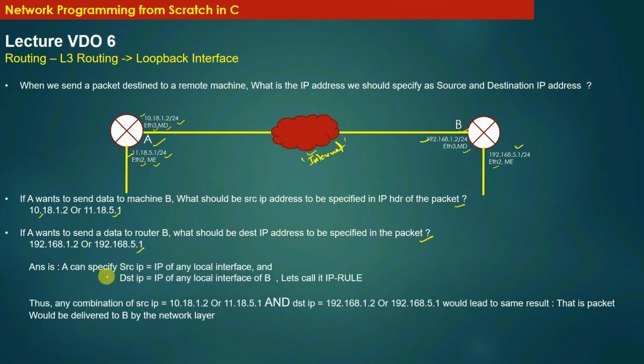So A can specify the source IP as the IP address of any of its local interfaces. That is, it can specify the IP address of interface 1, 10.18.1.2, or the IP address of interface 2, 11.18.5.1.